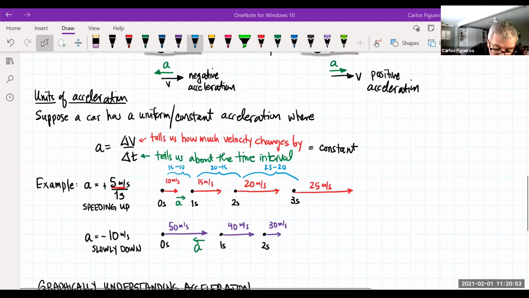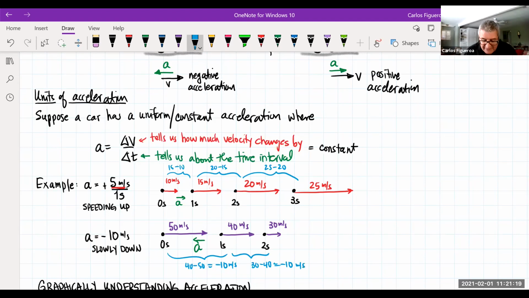So you could see here that when I look at this interval from here to here, I'm going from 40 to 50, which is minus 10 meters a second. And that's what that negative acceleration is doing. And if I go from here to here, you could see then I'm going from 30 to 40, which is minus 10 meters per second. So that acceleration keeps telling us by how much the velocity is changing.